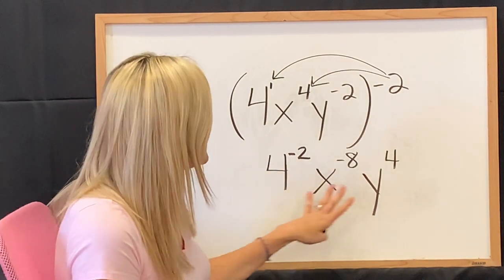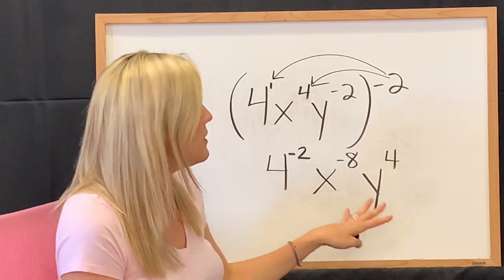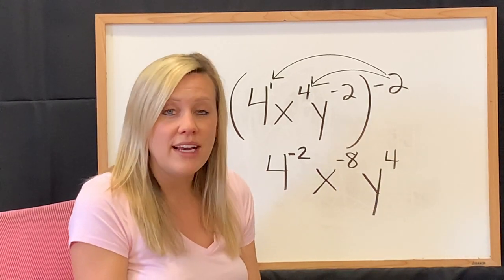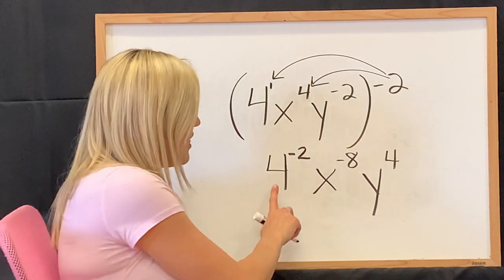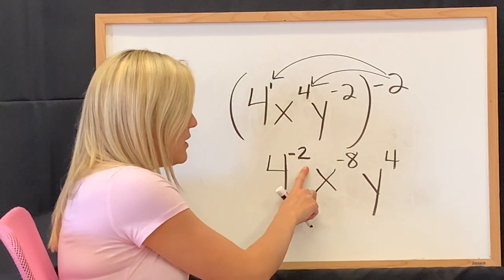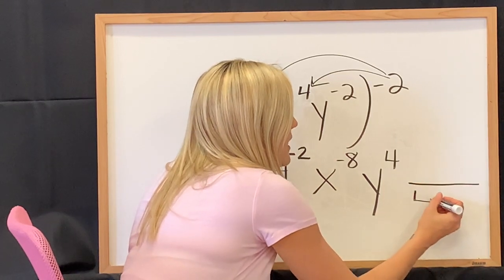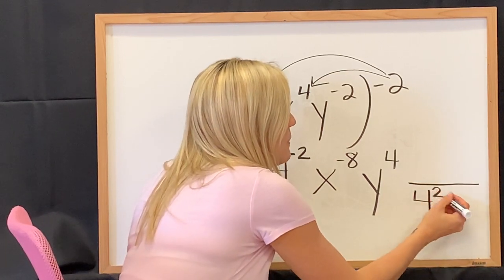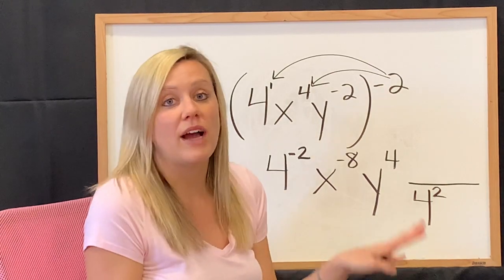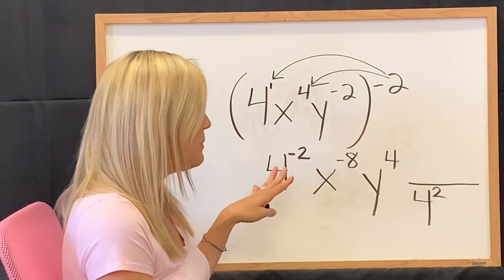Okay. The last thing I have to do is just clean this up a little bit because you never want to write negative exponents. This one has a negative exponent. So right away, I am going to remember that that means divide, and it's going to be a positive exponent now because I'm writing it as division, which is what it means.